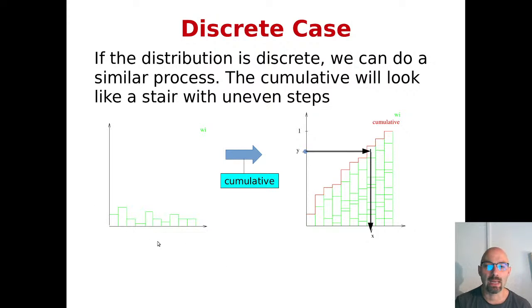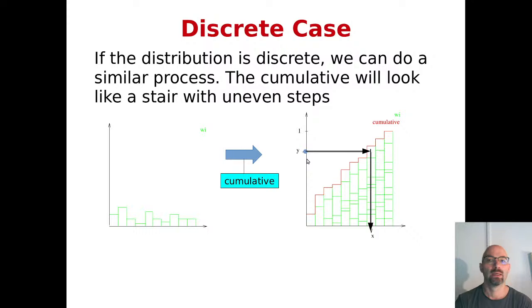You could apply the very same mechanism to draw an index or a value from a discrete set, where each element of this discrete set has a certain weight, a certain probability attached. Okay? How to do that? Well, we mimic what we have done before. We construct the cumulative distribution. We draw a value between 0 and 1.